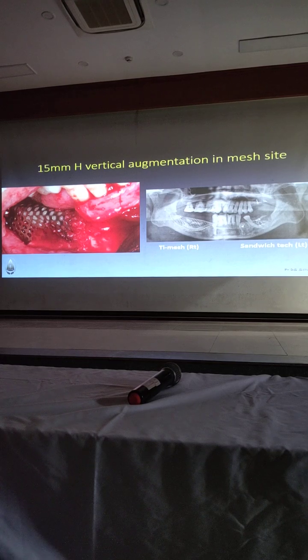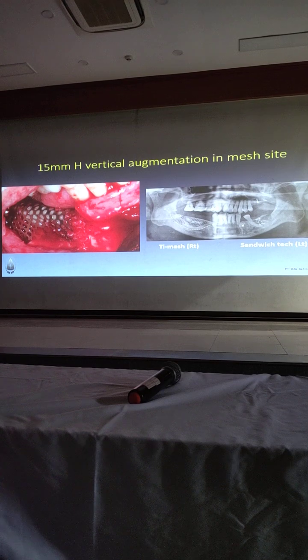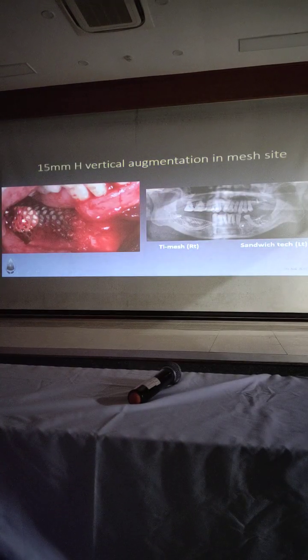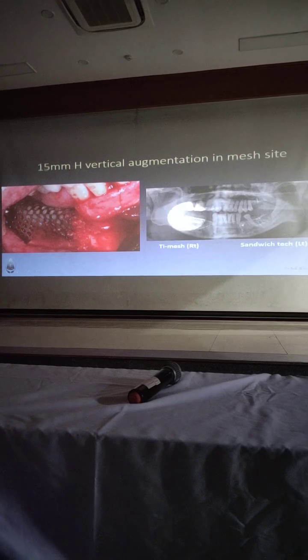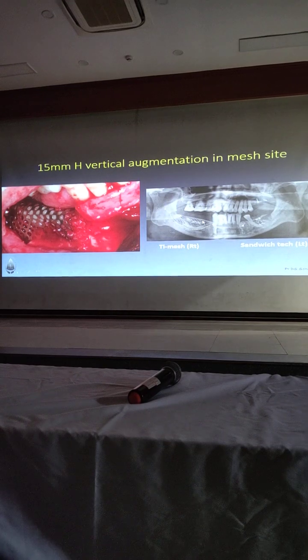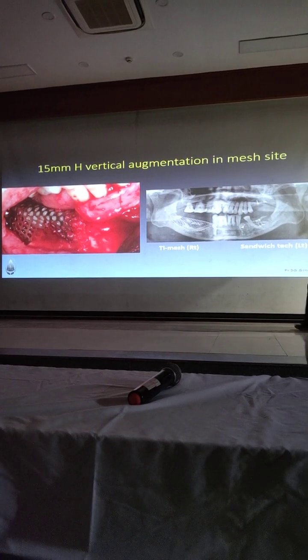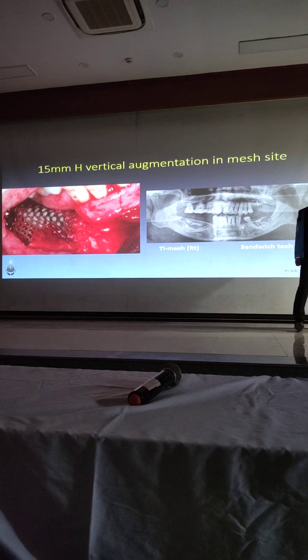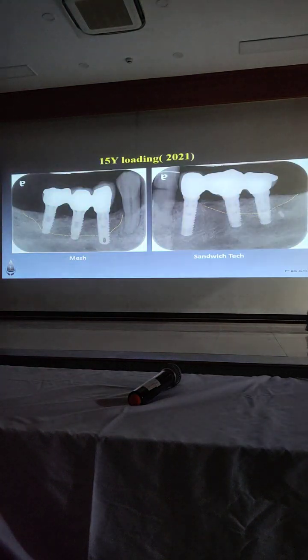I have used the mesh types at my department. In this case, I used the titanium mesh with the macro holes. So I could get a 5 millimeter vertical increment on the right posterior mandible, and I also did the same augmentation on the left posterior mandible at the same time.